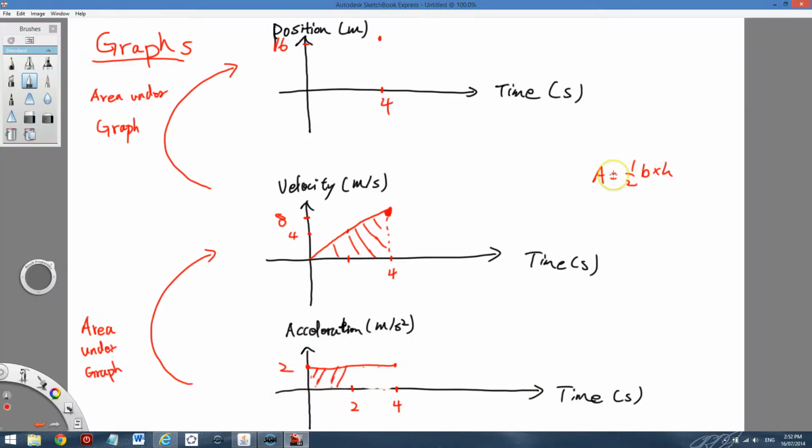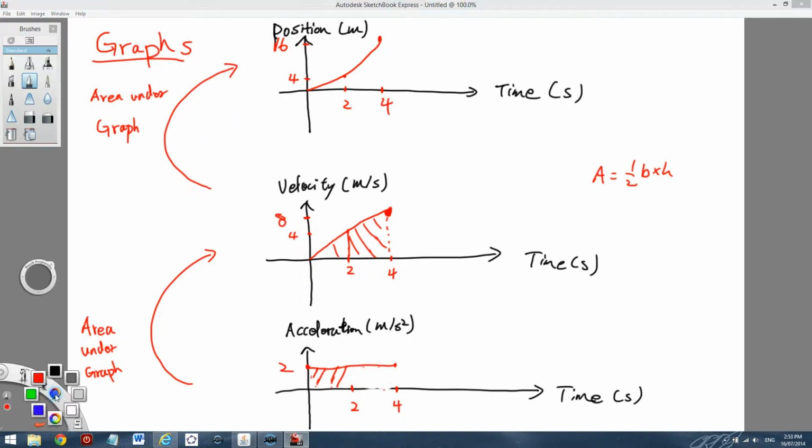Just let me redo the graph here. We're going to have a parabola, something like this. That's 16. So if you do it here, at 2 seconds, this little triangle has an area of 4 times 2 times half, which is 4 meters. So that's the beautiful thing about the graphs.